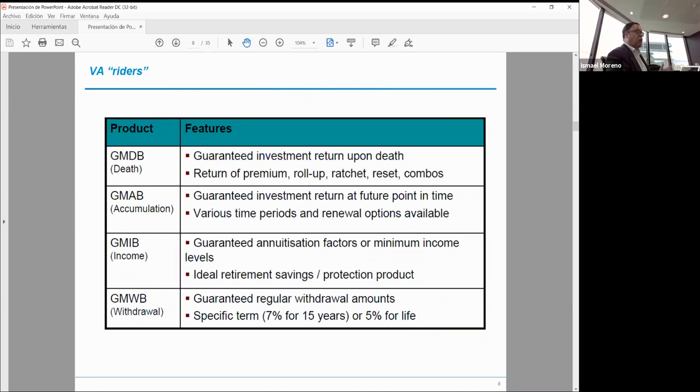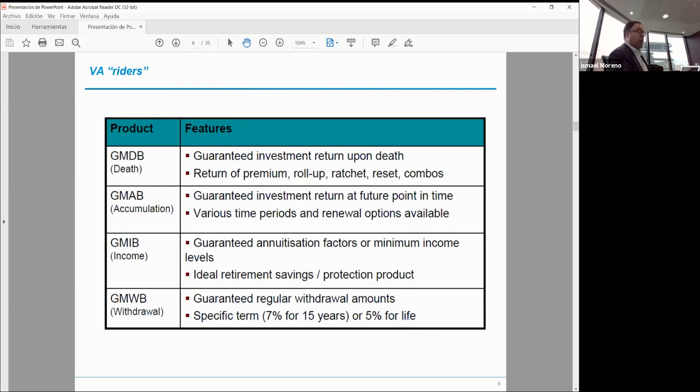If you die, they will inherit at least that minimum amount, that premium you've put in. And maybe more if there's a ratchet or a roll up, as we'll see now. So it fits very well the needs of inheritance planning for that particular time in your life in which you are setting aside assets for your siblings to inherit.